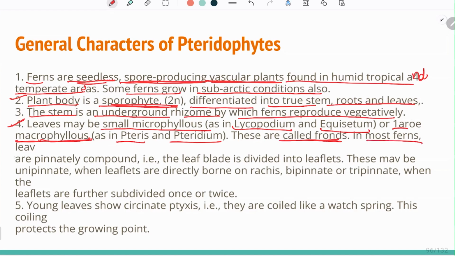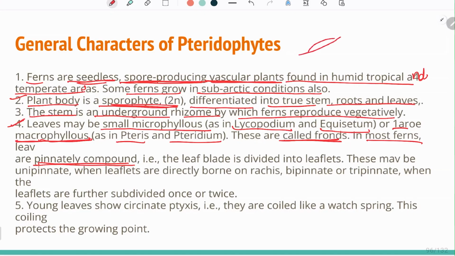In most ferns, leaves are pinnately compound. Pinnately compound leaves are those in which the leaf blade is divided into small leaflets. It is a complete leaf, but the blade is divided in such a way that the leaflets appear to be the actual leaves.